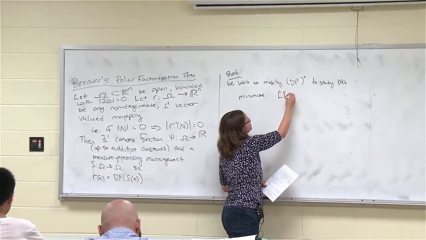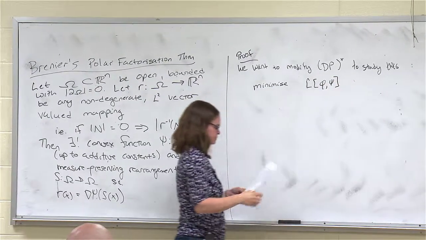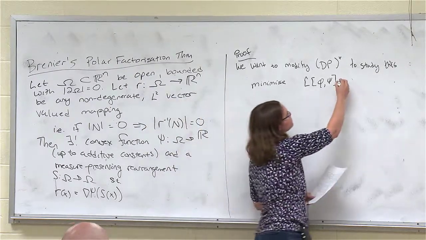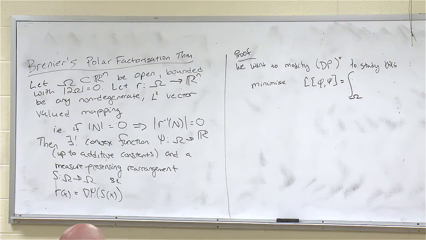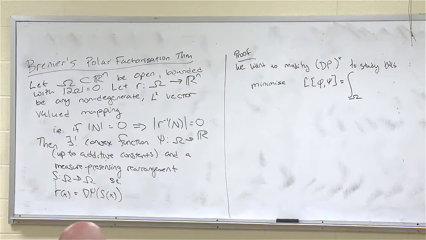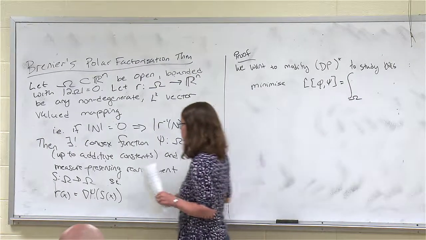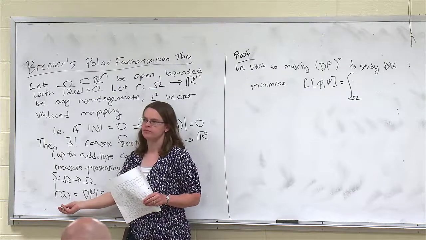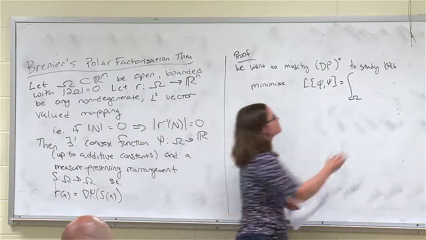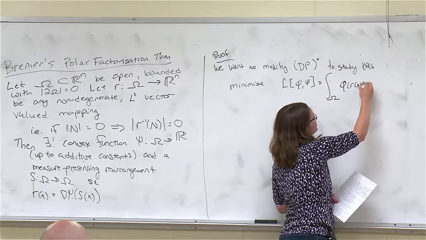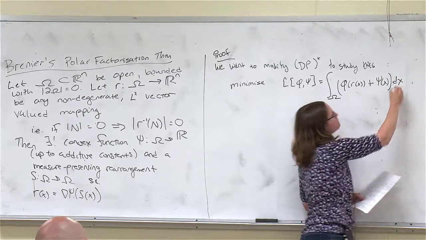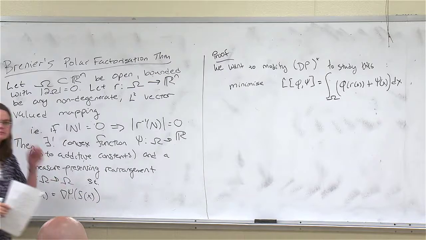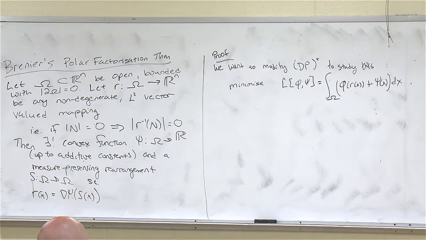what I'll call L hat. We're going to be integrating over our set omega. And now instead of phi of x, I'm going to use phi of the vector field that I'm actually interested in, so phi of r of x plus c of x, dx.